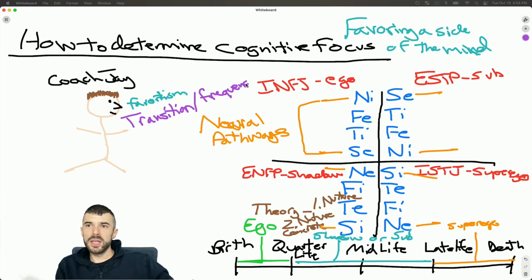The frequency of cognitive transition also helps you use your gateway functions. And what it does is it increases that beaten path, makes that path more traveled, essentially. And as a result of it being more traveled, it's easier for you to cognitive transition over time, and thus it's easier for you to favor that side of the mind.